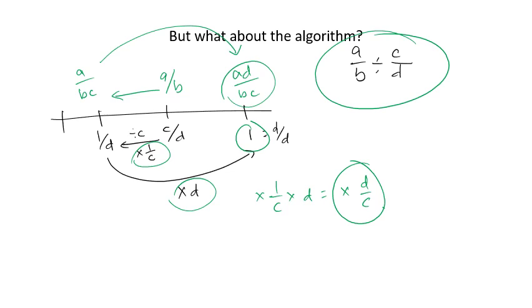I don't think this needs to be proven rigorously necessarily. This can really all be done in one step: to just say that A over B over C over D, you just multiply it by D over C times D over C. This all cancels, and there's your multiplication by the reciprocal right there.